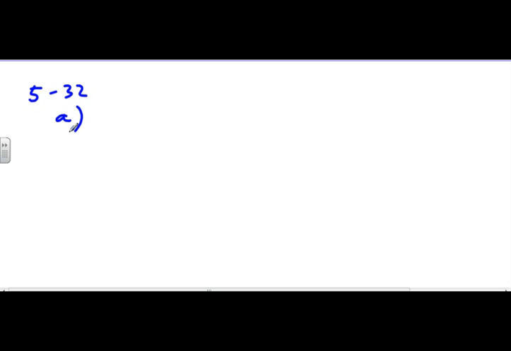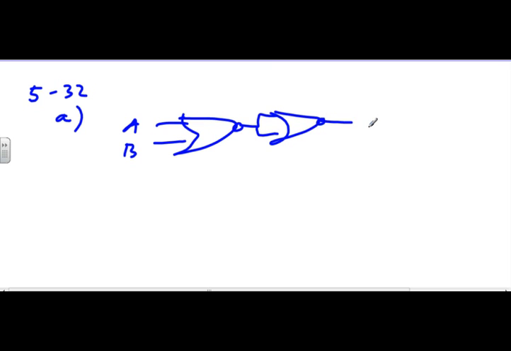5-32A. Draw and connect these as required. I want an OR gate from 2 NORs. A, B, NOR, a second NOR. B. An AND gate from 2 NANDs.